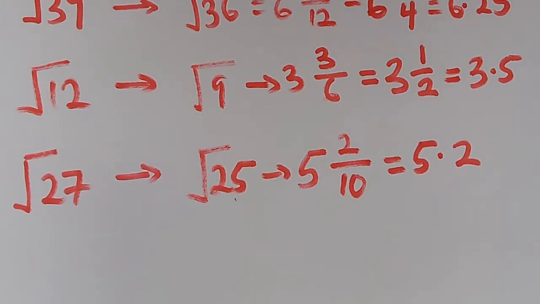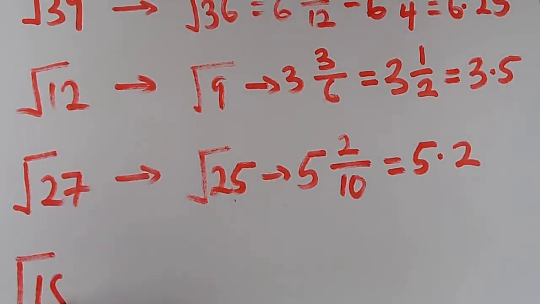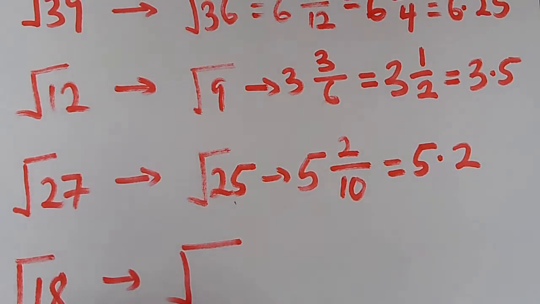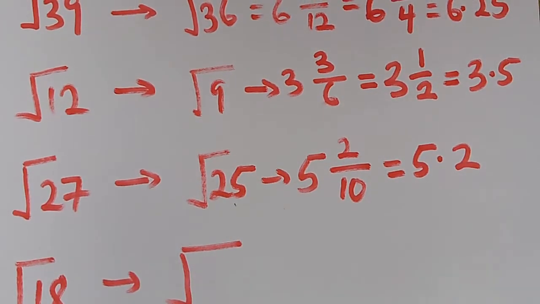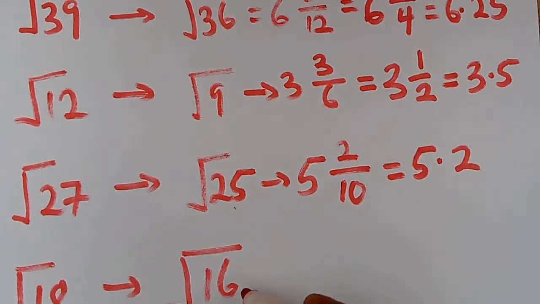Okay, let's take the last example, which is root 18. Square root of 18. Let's find the square root of 18. So a number that we can obtain from this 18 that will give us a perfect square is 16. So 16, the square root of 16 will give us 4.